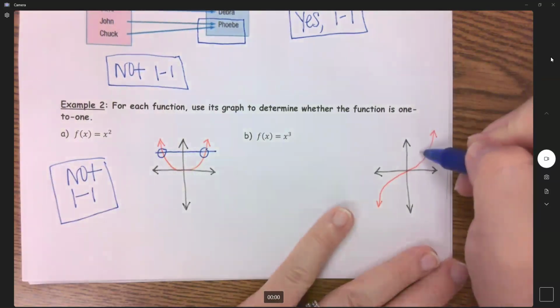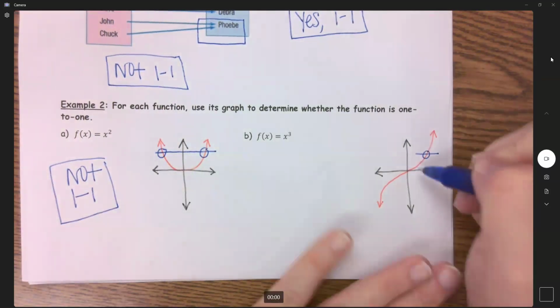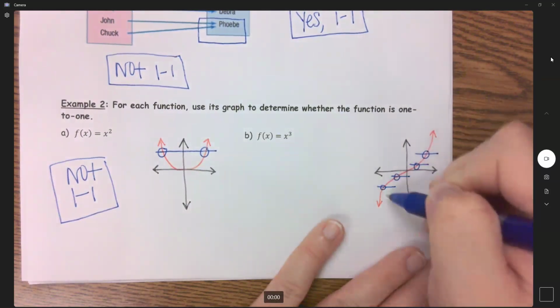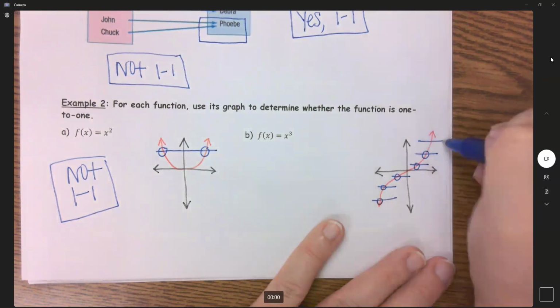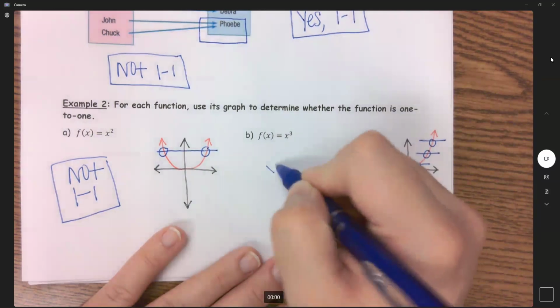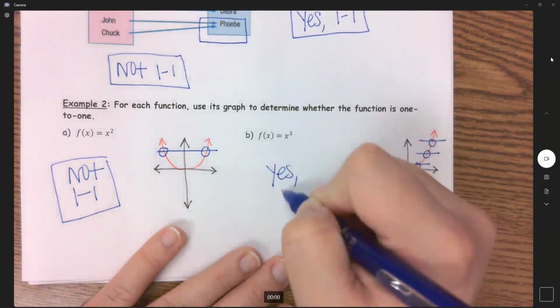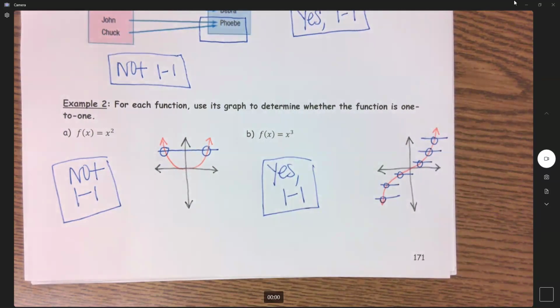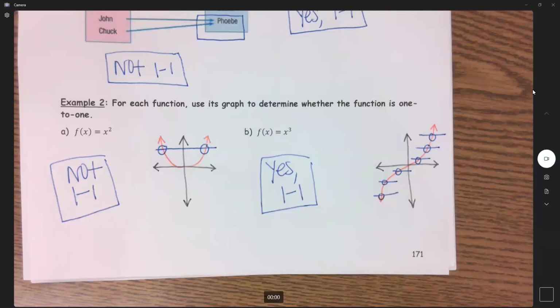But now, is it one-to-one, where anywhere I put a horizontal line, it's intersecting only once. So this one is yes, one-to-one.